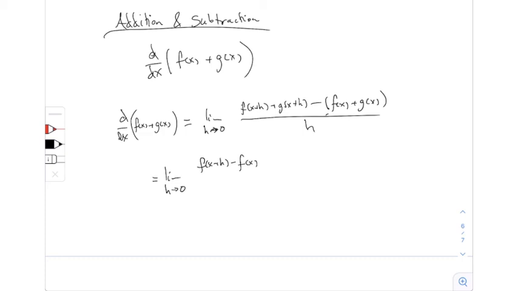I move that f of x to the beginning. And then plus g of x plus h minus g of x, like so. Everything divided by h. And because I know what I'm doing here, I know it's going to be helpful to split the fraction into two pieces. So I'm going to break it up into two fractions, one which just has the f's, and then the second one which just has the g's.